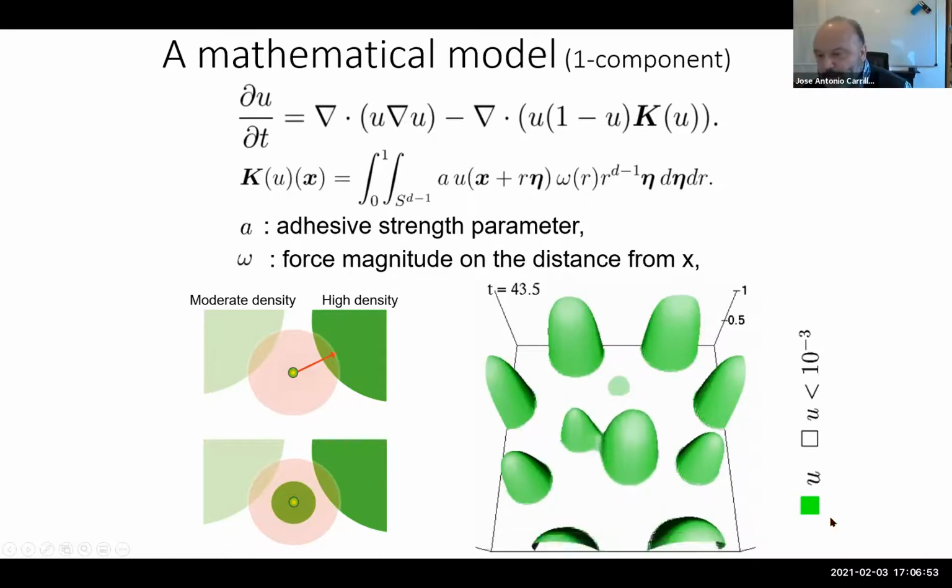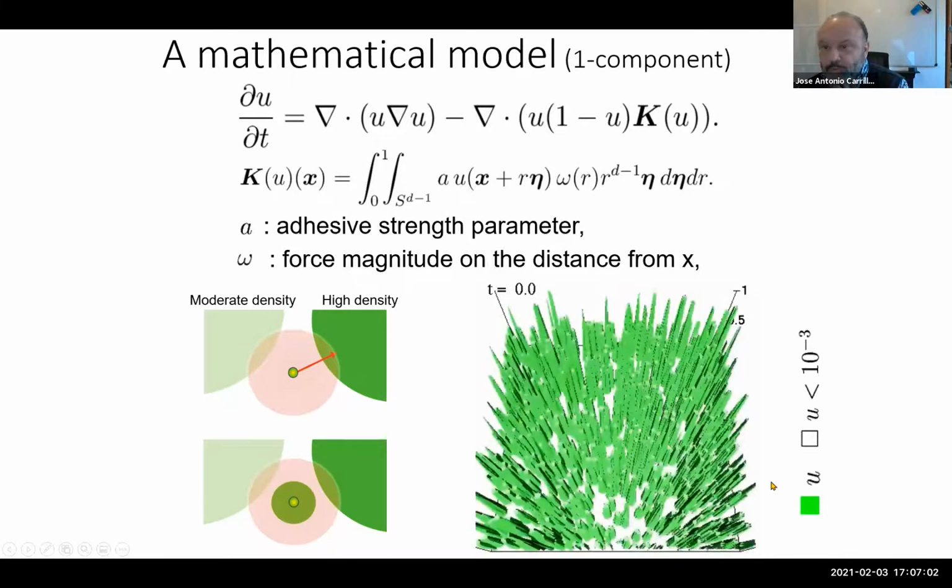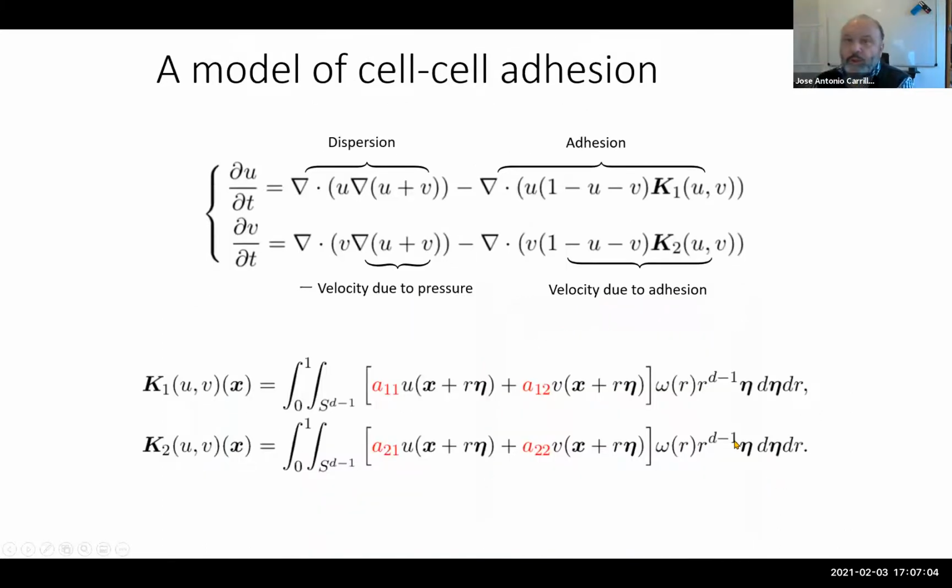They are still merging here, until they arrive at a steady state. So that's the model that we finally used for the experiment of cell sorting by cell adhesion by Togashi.